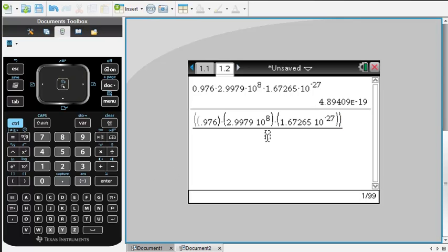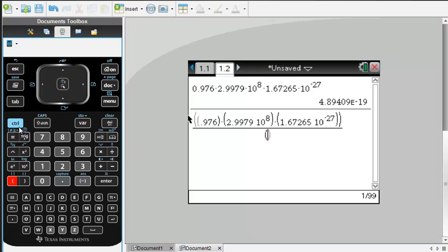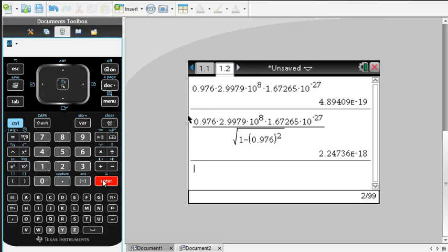And then for the bottom part, we're taking the square root of 1 minus 0.976 squared. Okay, and we get 2.25 times 10 to the negative 18th.